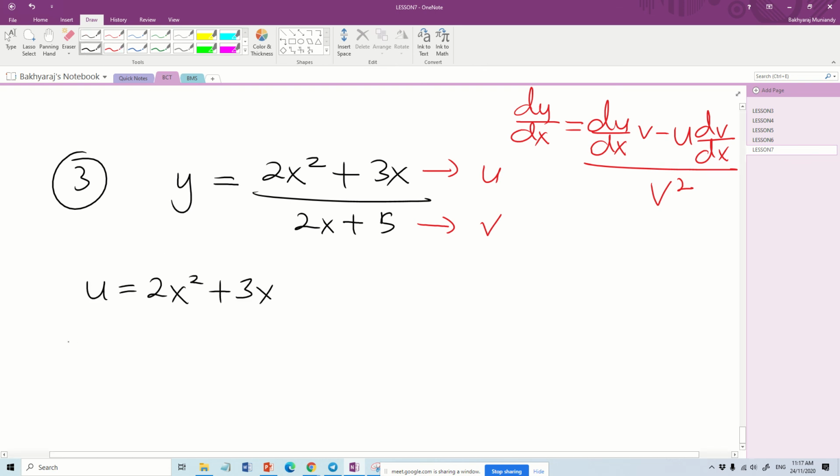Anyone want to try? Give you du dx. Cuba. 4x plus 3. Okay, betul. 4x plus 3, correct. Okay, v is 2x plus 5.